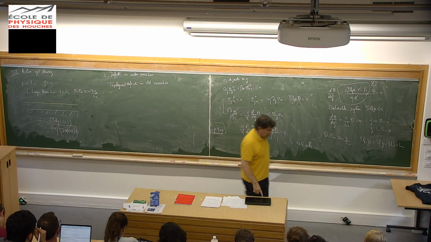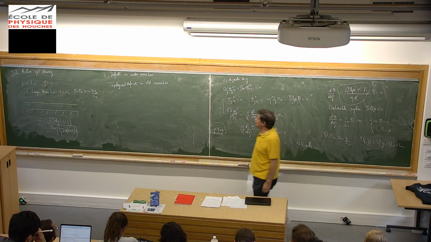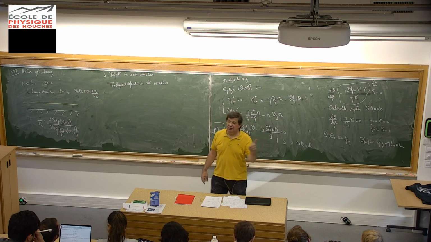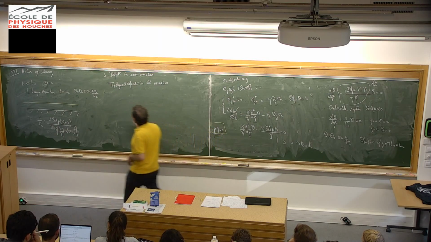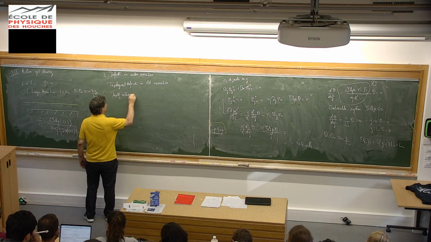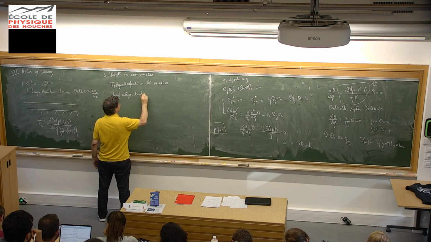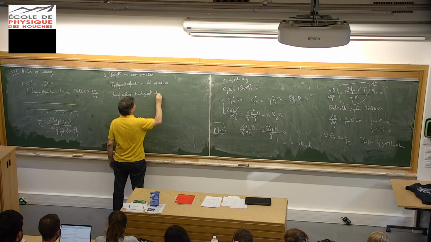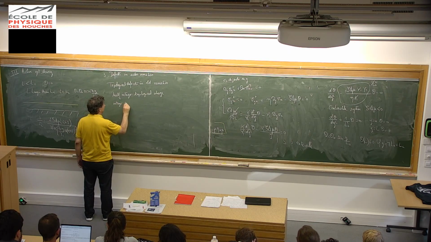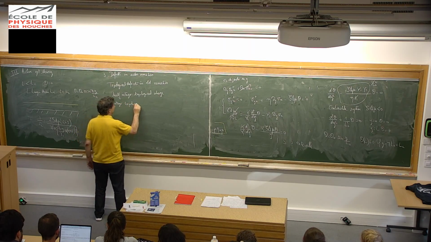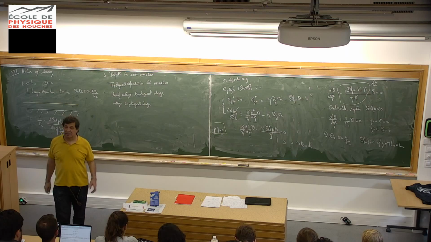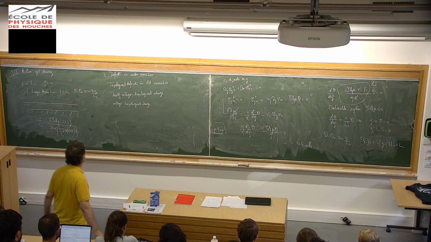Now, if you look at a nematic system, and I want to insist on that, the defect can have a half-integer topological charge, or an integer topological charge. So the simplest ones are +1/2 and -1/2 defects.